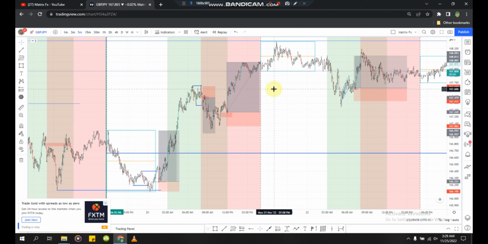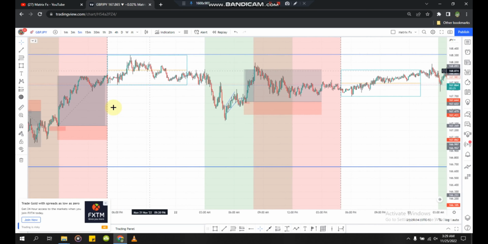I think that's how ICT formed even the order block that we are using today. He might have been noticing it, and maybe after collecting hundreds of data points, he now says, okay, whenever the market does this, the market reacts at this level. And maybe that's how the order block came to life. I am assuming, guys, maybe that's how. So I don't know. But let's just continue with our video.